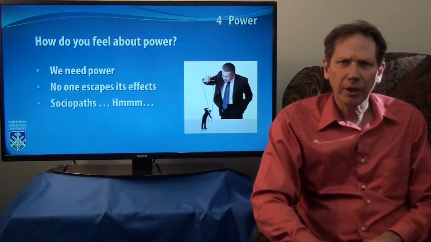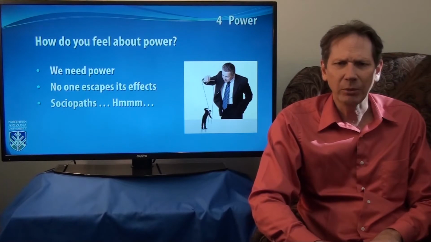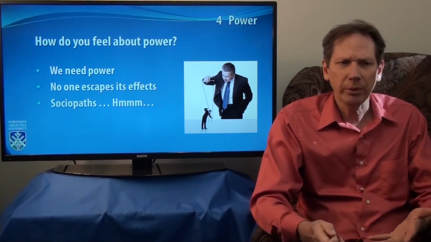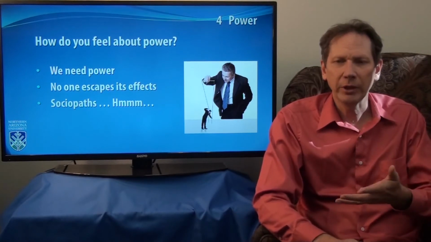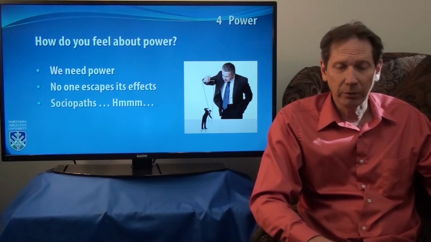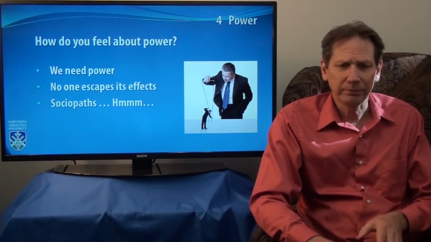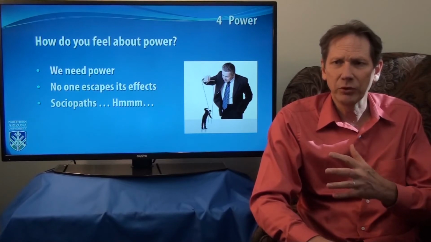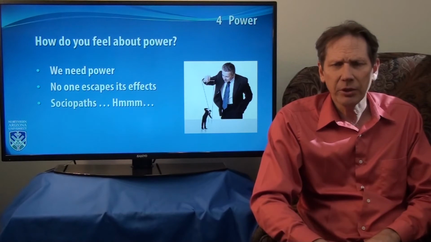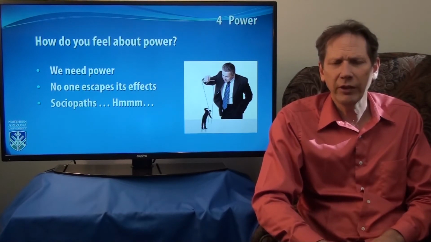The chapter goes through a couple pages here of just general ideas about this. Number 1 is we need power. We want power. As people, we want to be more powerful, meaning we can do the things we want to do, that we can resolve our own problems, and we want this. At the same time, sometimes we don't like power, don't like to admit it exists. Nobody escapes its effects, especially in a work situation, but even in a family situation.